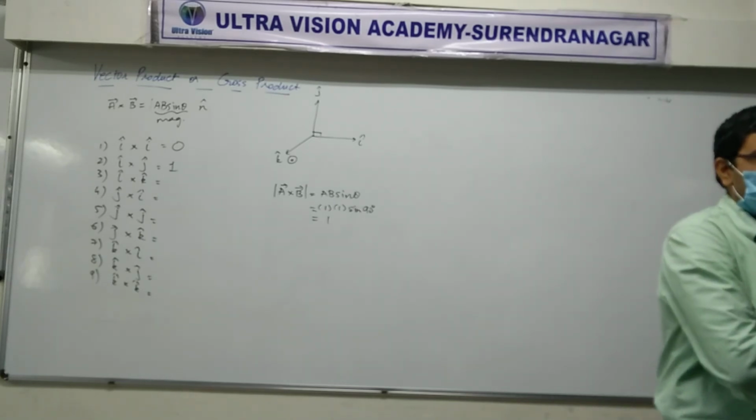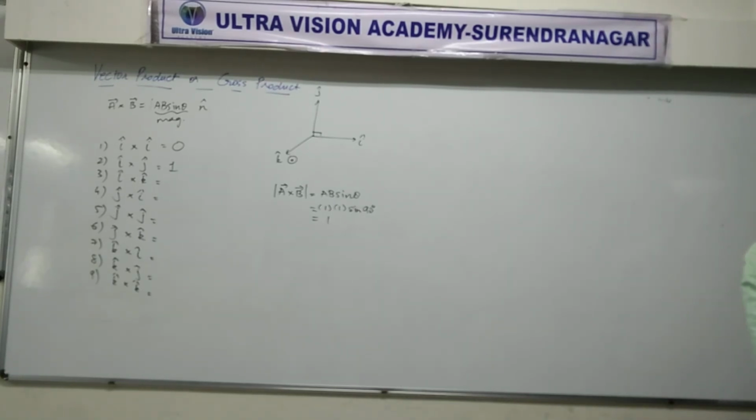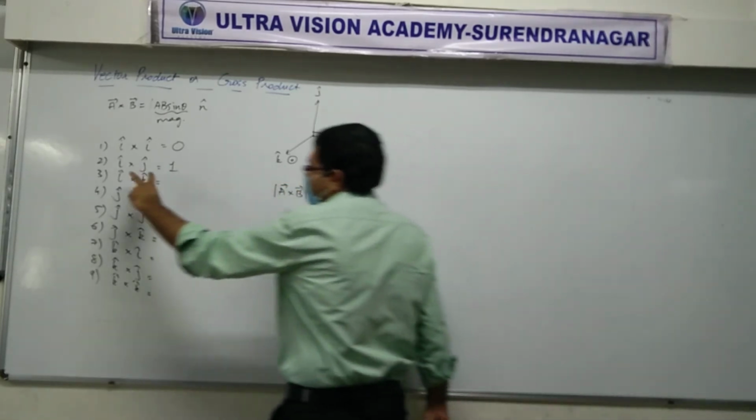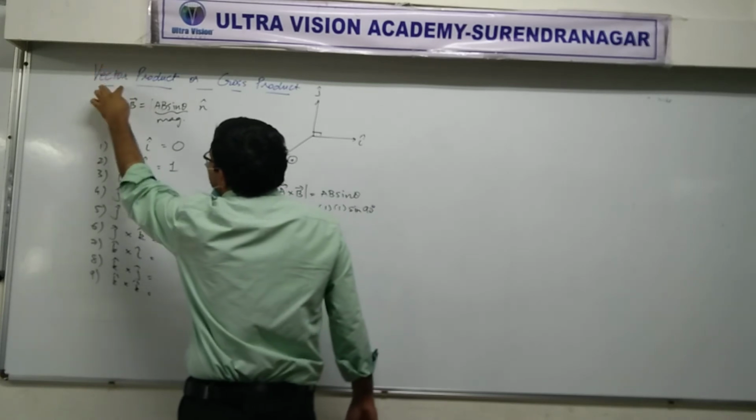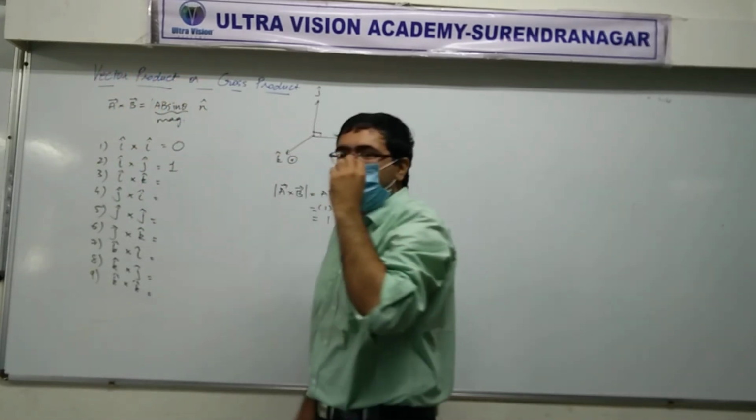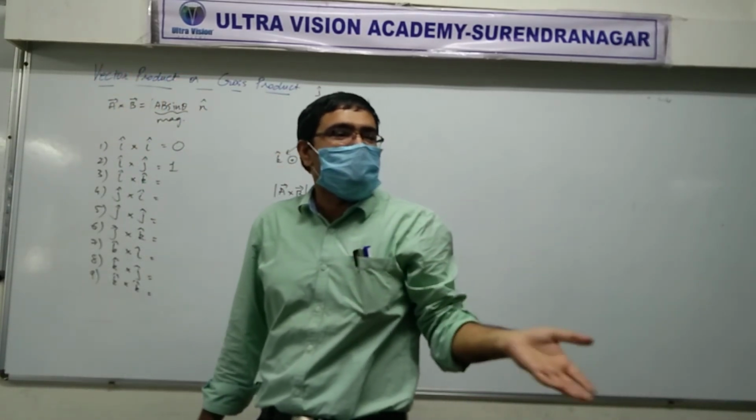Read what was taught today, maybe something will become clear. To specify the direction, correct, because A vector cross B vector means a vector product. The answer is a vector.